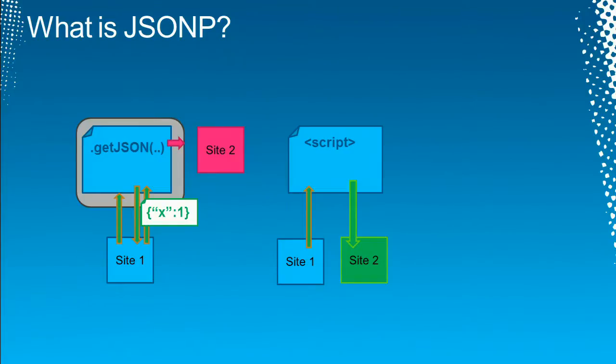That script will go off to site 2 and return data. Now notice the difference. The key difference is that you need to have a callback function in the results. Otherwise, you're just getting a script which is just loading some JSON into memory, but you can't access it because there's no placeholder for it. By putting a method in there, that's a method that's previously somewhere else on the page, and that's essentially responding to the fact that you're getting all this JSON back.